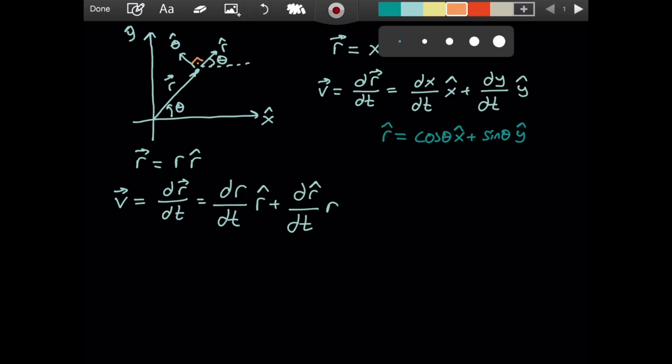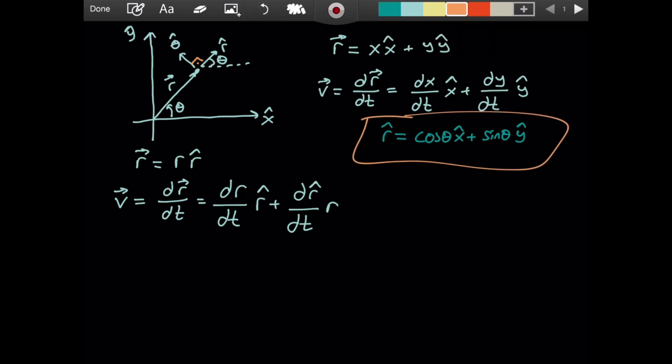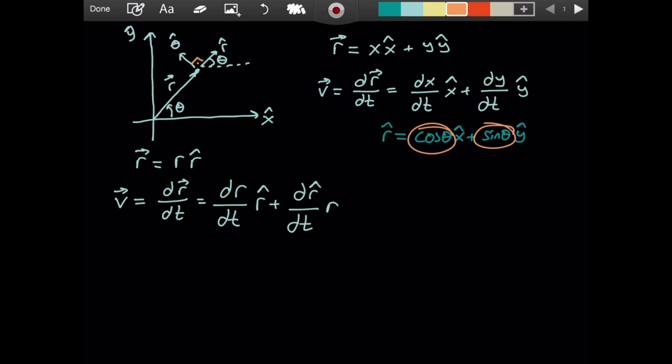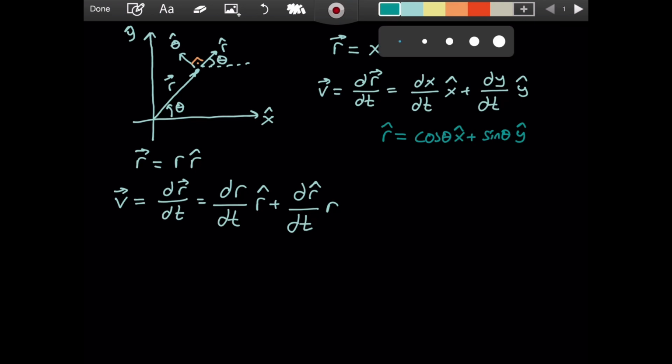In fact, if we were to find the magnitude of r hat from this, you square each component and then add the squares. So cosine squared plus sine squared, that is 1. So in fact, r hat is a unit vector. This is r hat. What about theta hat? Let me do another dashed line.